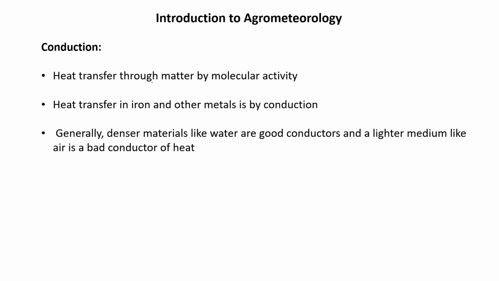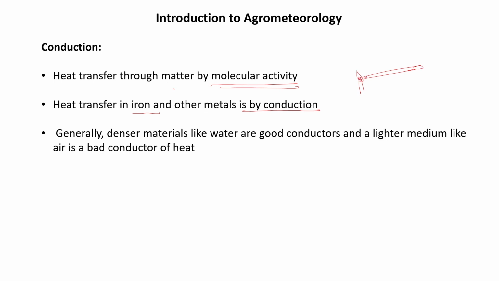Conduction. Heat transfer through matter by molecular activity. Heat transfer in iron and other metals is by conduction. So when a metal rod is taken and heated at one end, what happens?